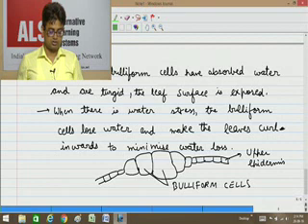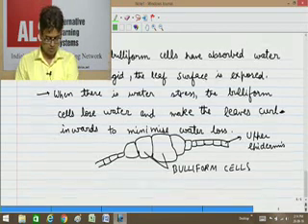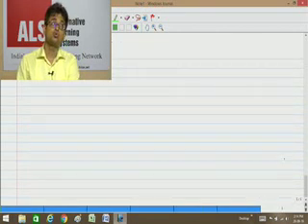All right, so this brings us to the end of the leaf, root, stem cross sections. Now we have to do the secondary growth. So please put the heading.